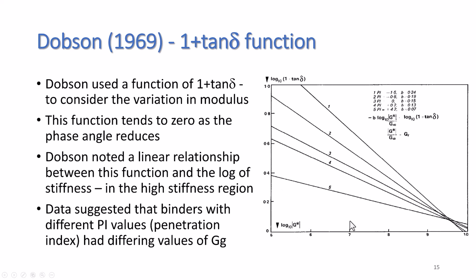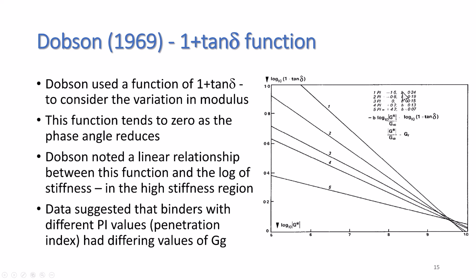Now the idea is this really doesn't involve any shifting, but as you project these lines downwards, where they cross this 0 line gives you an indication of what the Glassy modulus is.